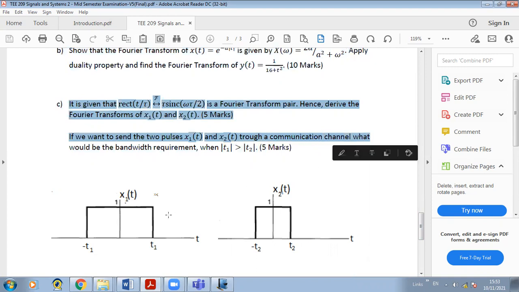How these two pulses, one is a narrow pulse and the other is a wider pulse, we have discussed the bandwidth requirement and how the pulse width affects the bandwidth of the communication channel.